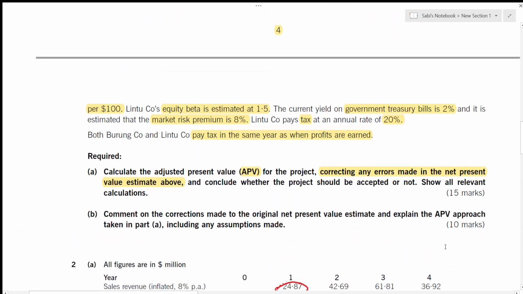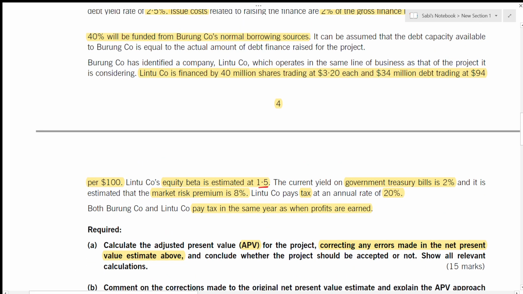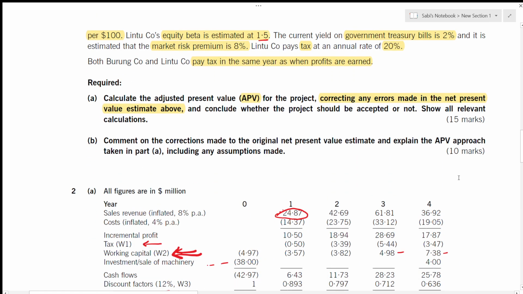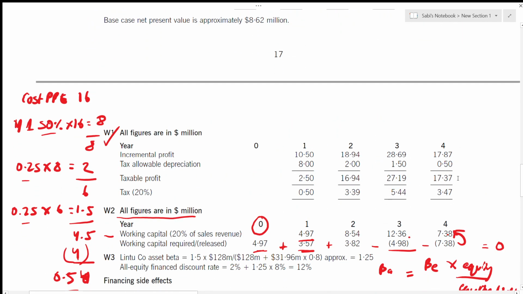Let me take you to the question. Here I have highlighted also 1.5, and then your equity value, how will you calculate? 40 million into 3.2. 40 into 3.2, you will get 128. And your debt, this is your equity E, and your debt, how will you get? 34 into 94 per 100, 94 divided by 100, you will be getting 31.96.